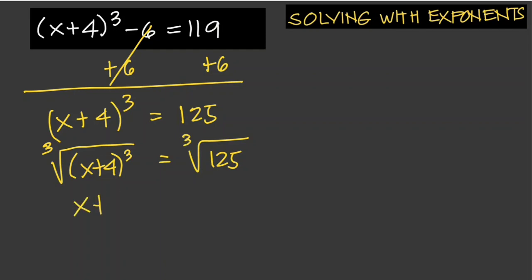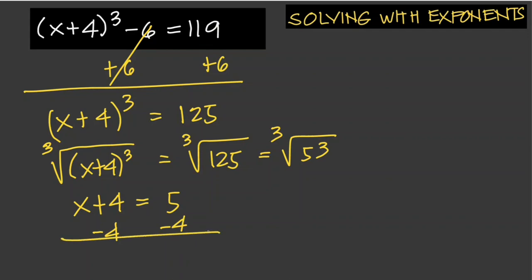So this is just x plus 4 equals 5, because 125 can be written as 5 cubed. Then we subtract 4 from both sides. So our solution is x equals 5.